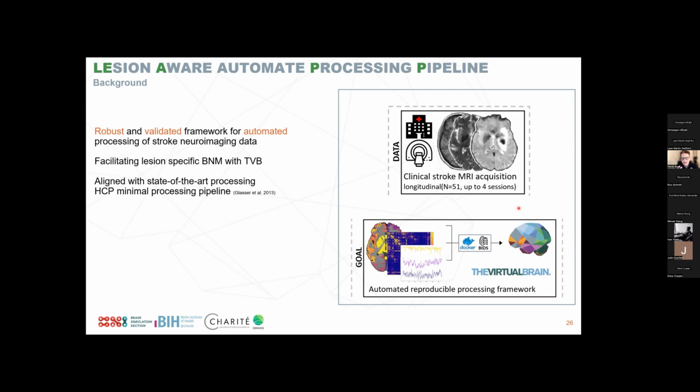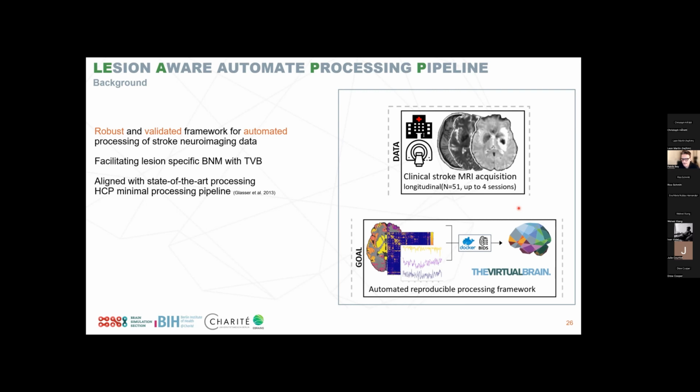And the approach here was to create a data processing pipeline that is robust, validated, and automated, to really enable reproducibility, to make sure that what is computed at the end is actually representative of what we know and what we want the data to produce, and that it is highly automated so that it can easily be applied to other data sets, for other researchers to use.